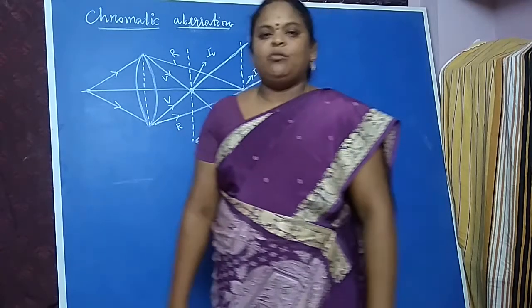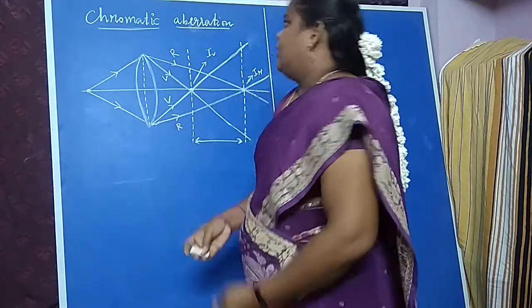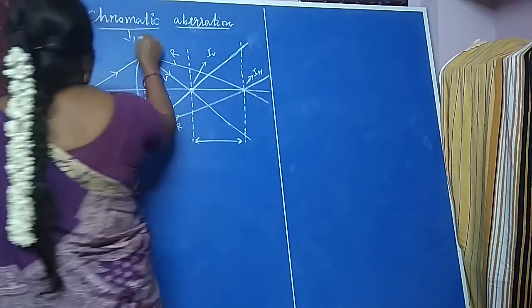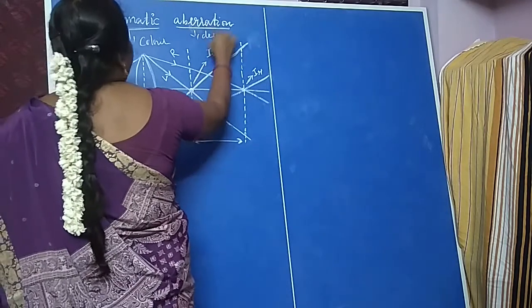In this video, I am going to discuss about the chromatic aberration. We know that chrome means color and aberration means defect.